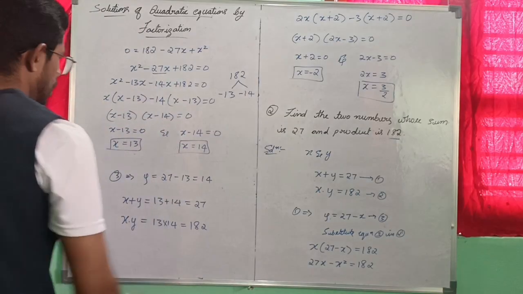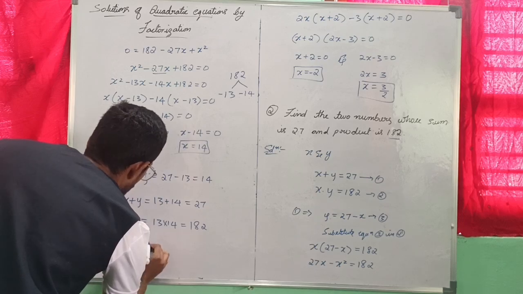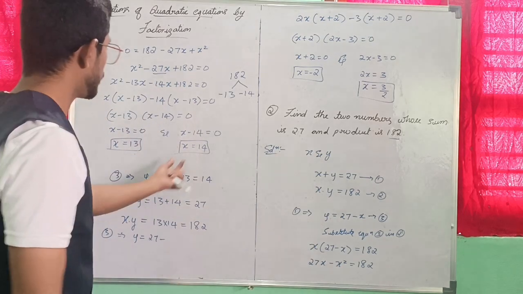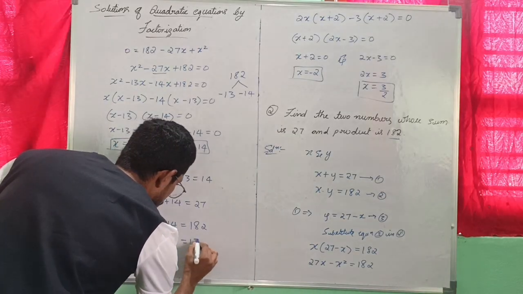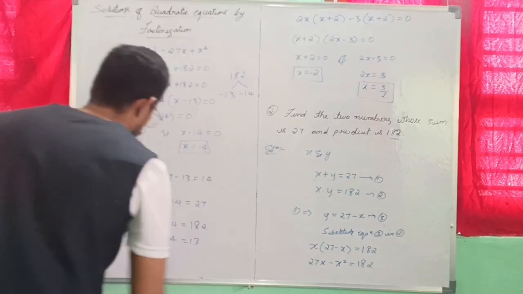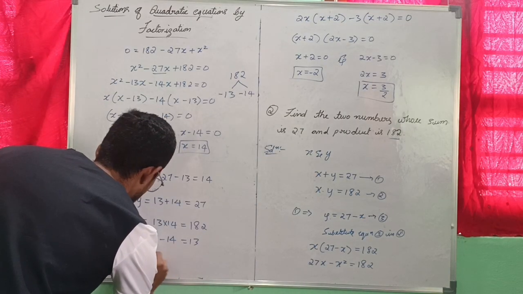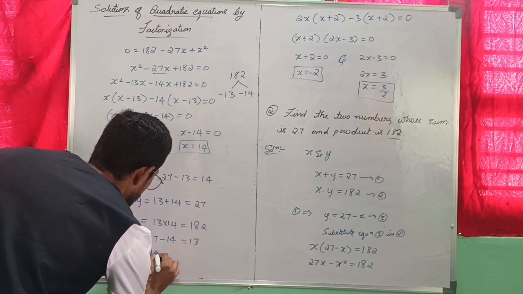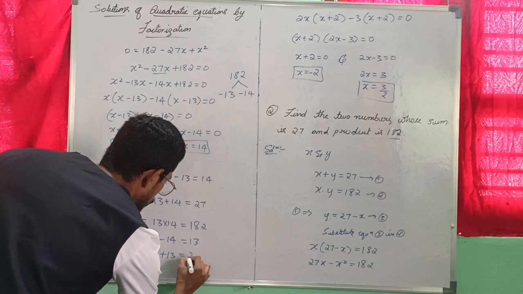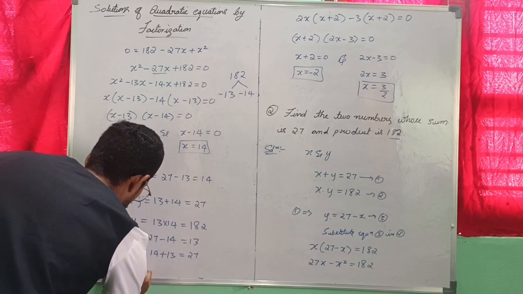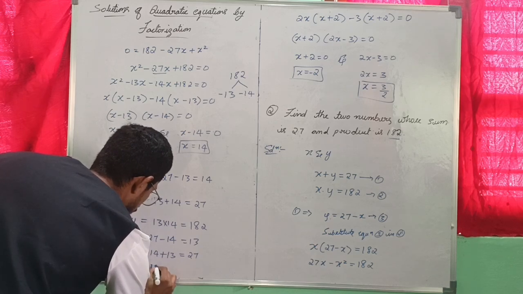Or if I take from equation 3, y is equal to 27 minus x, when x is equal to 14, we get y is equal to 13. Then x plus y is equal to 14 plus 13, which is equal to 27, and when we do the product, we get 14 into 13.